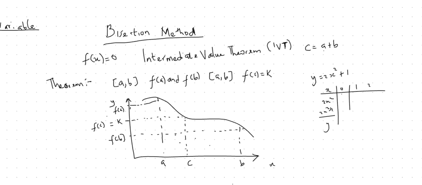Always pay attention: for the bisection method, the intermediate point C is the summation of A and B divided by 2. This is a function of x.